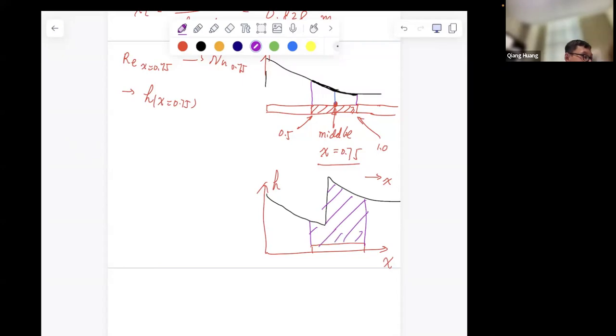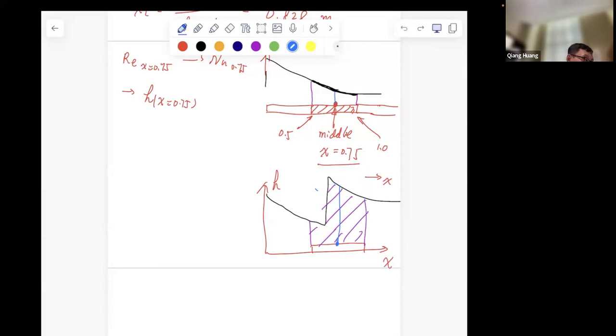And you cannot use a middle point to approximate the average, because in this case your middle point is almost similar to the high end of your curve.